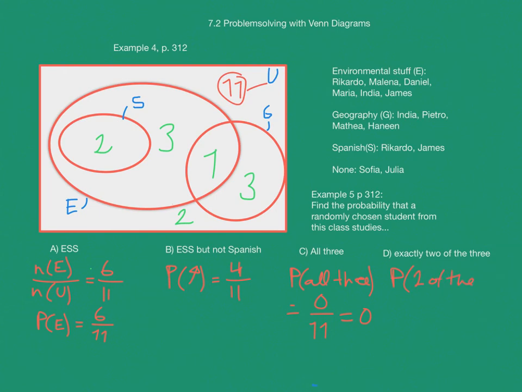Okay, probability of 2 of the 3 equals, so that would be 2 Spanish students who also study ESS, 2 out of 11, plus we can add the 1 student who studies both geography and ESS, and that would be 3 out of 11.